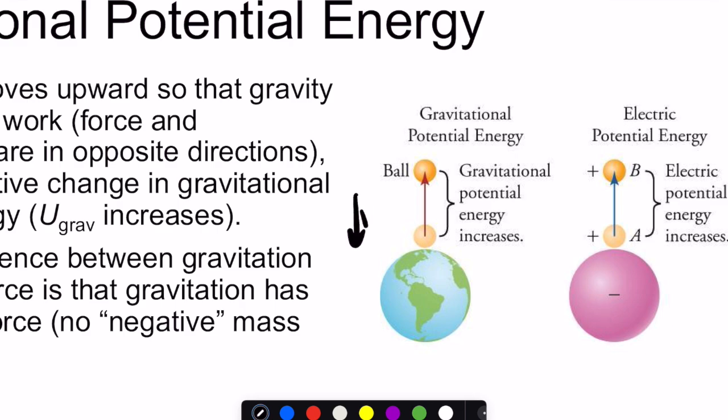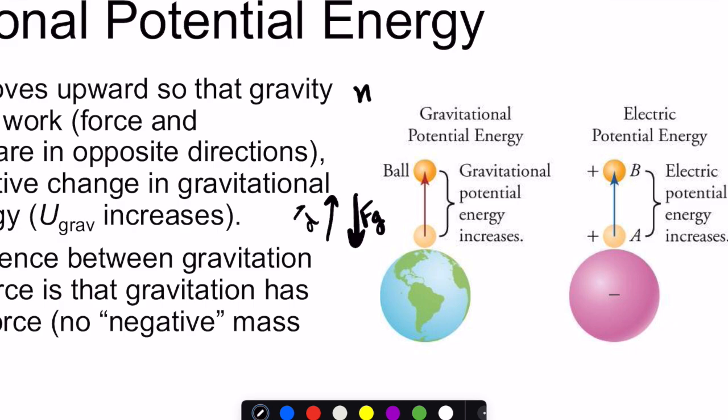It's experiencing a force due to gravity, which always points down. Gravity is always pushing us down to the ground. So that is the direction of the force, but our displacement is up, because we're moving the ball up. So the displacement vector is up.